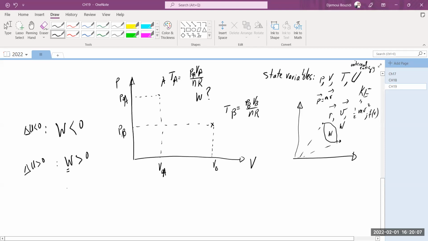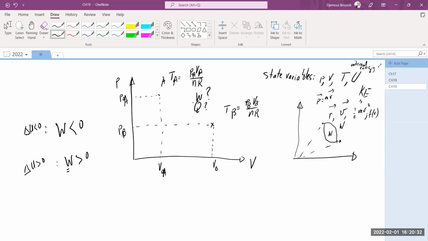There is another question that might also help us understand what's going on with the system in going from point A to point B, which is the heat. Those are not state variables, by the way. They depend on a process, on going from A to B, depending on the path you take. How many paths can you take from A to B? I'm asking a question.